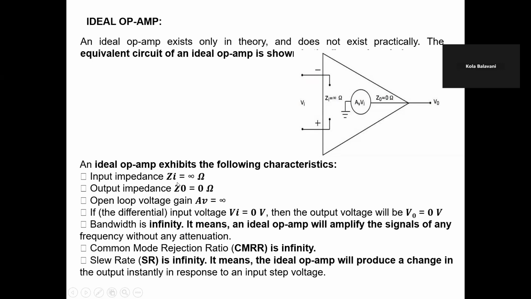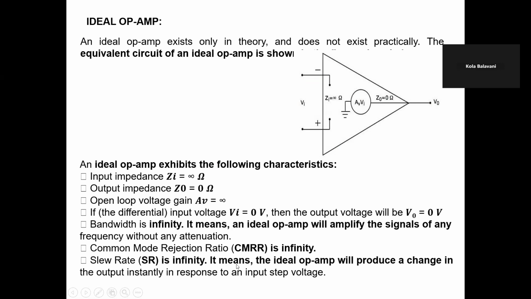Input impedance is infinity, output impedance is 0 ohms, and open loop gain, that is AV, is equal to infinity, and bandwidth is infinity, common mode rejection ratio is infinity, slew rate is also infinity.